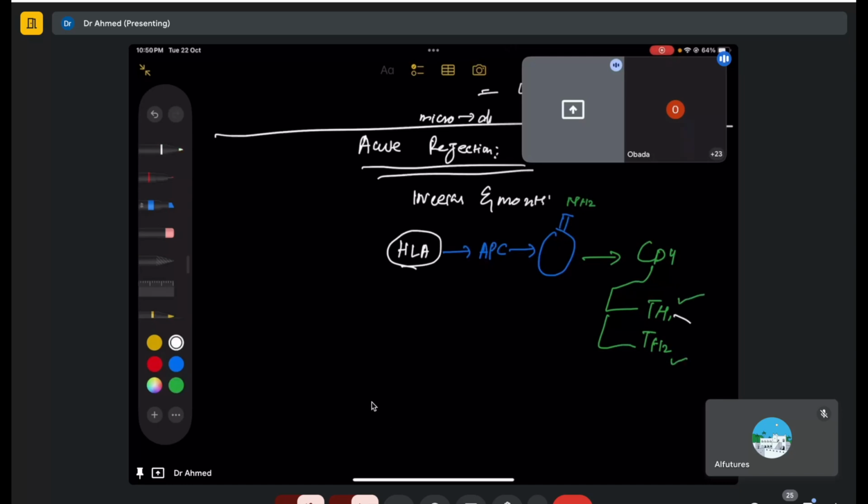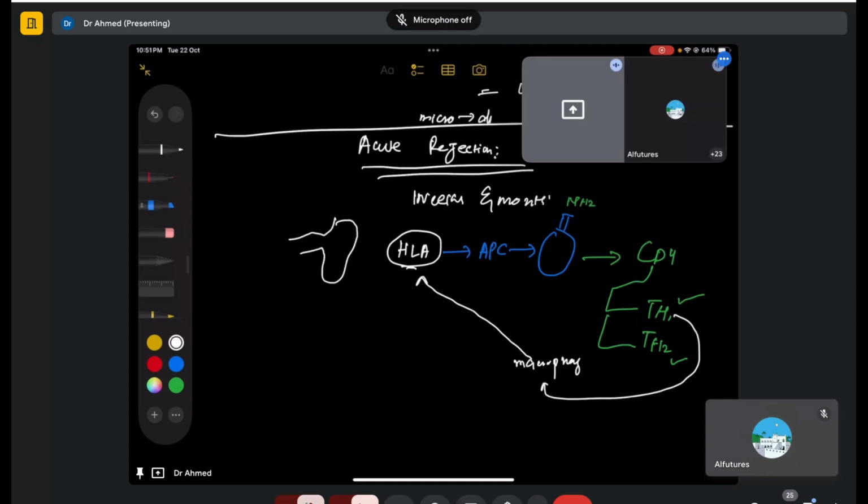For example, if it activates your TH1 response, you are going to see macrophages. Macrophages would come, they would just destroy your kidney, for example. If this is your kidney and we have some HLA mismatching, you are going to see destruction of this kidney via macrophages.